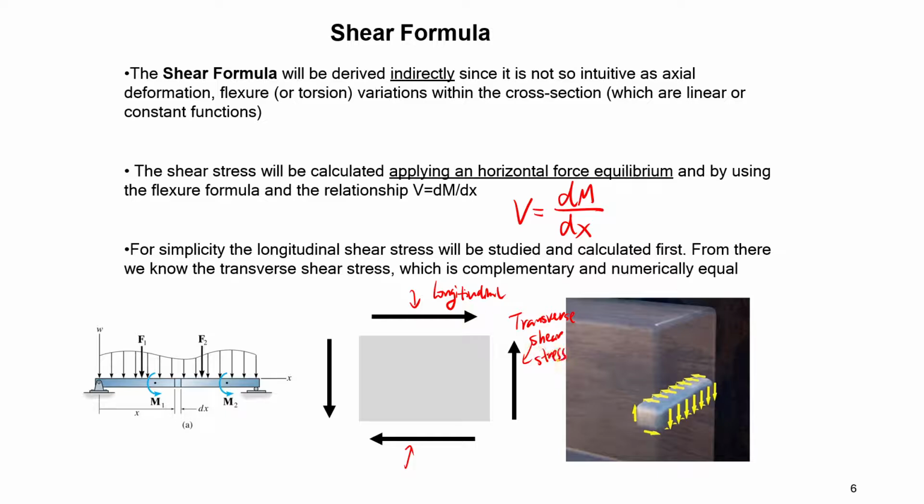Okay, for any type of beam, if you look at some area inside that beam, just take a small area and do the analysis. For example, in this case, this is like a shear stress in a complementary manner.